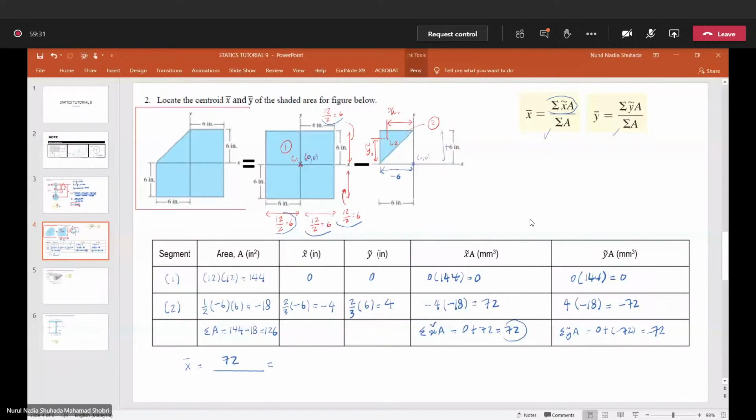So if you divide this, you will get 0.571 inch. The x and y for the square is 0.